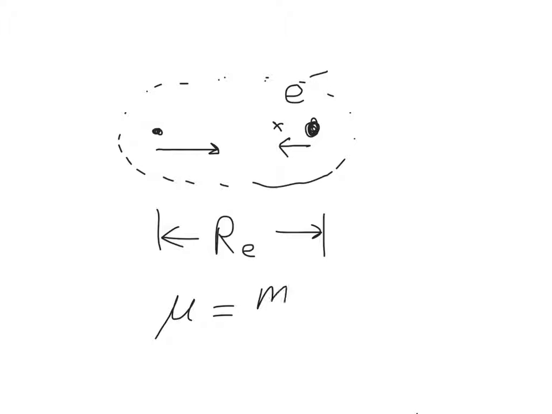Mu is the product of the two masses divided by the sum. I will just assert that, and I will maybe present to you a little more justification of that, but for now just accept this, that we can treat this as one particle with this mass.